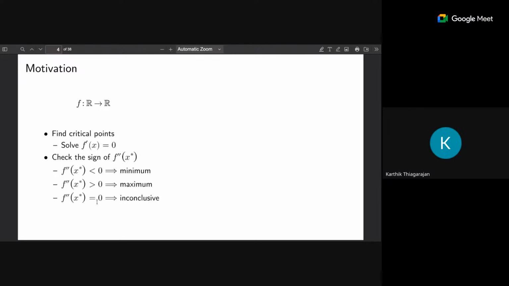So I think I have interchanged the maximum and minimum. This is wrong. Greater than 0 is minima, and less than 0 is maximum.